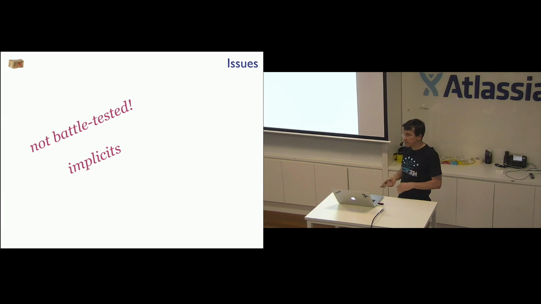I don't know how to make this better if you have some ideas, but there's a section in the user guide just dedicated to implicits, so that you know where to find them. You have basically the same problem when you're using Scalaz in general. And if you don't want to import scalaz._, it's not always so easy to find where the right implicits are and how to import them. So implicits are a problem.